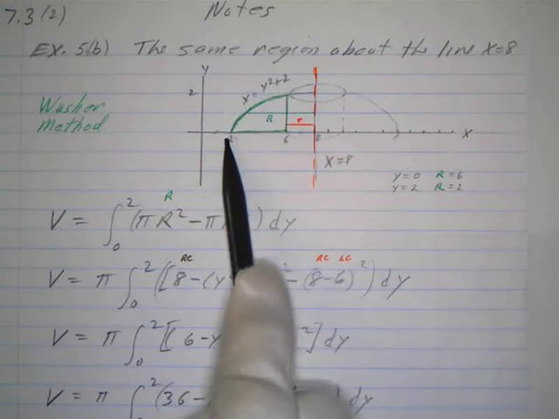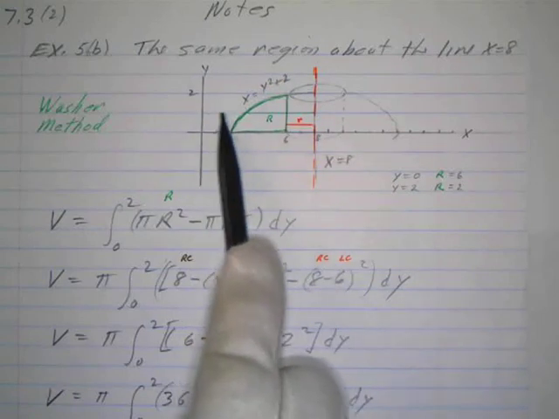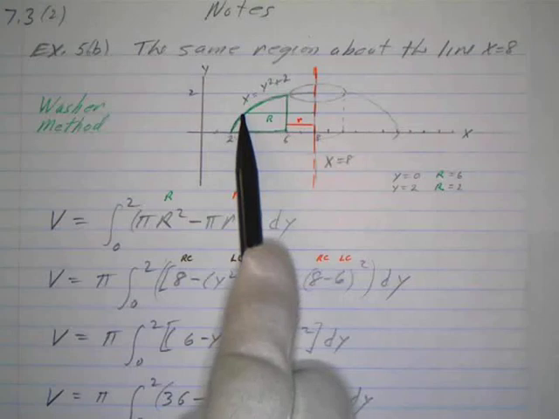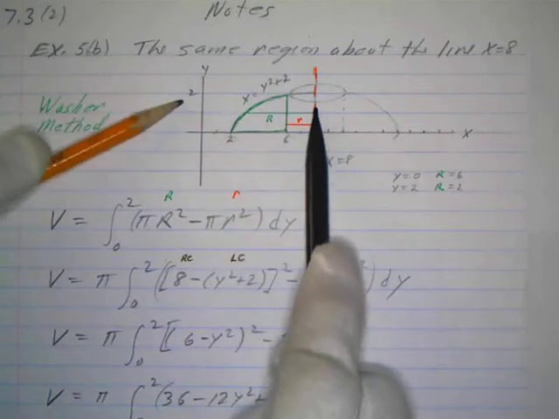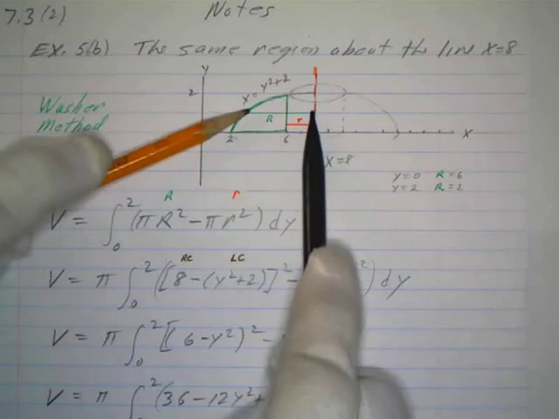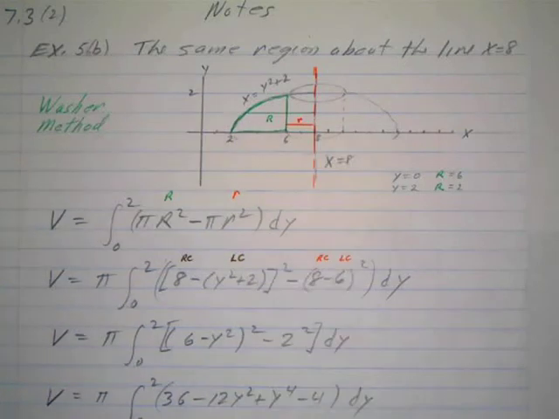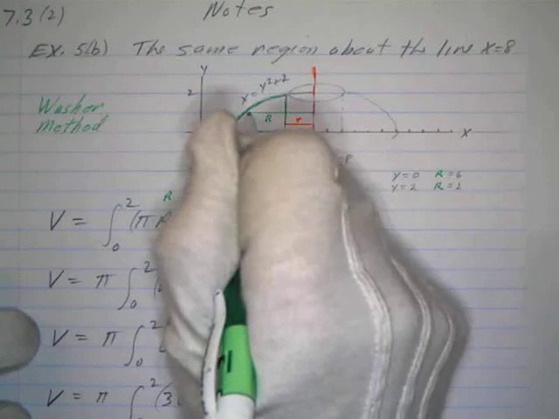That gives me the x value, so if I go all the way from here to here, that's the x value. So the whole distance, 8, minus that distance gives me my big radius, my capital R.